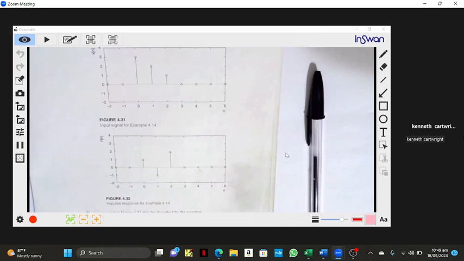So what kind of response is this? The bottom graph, what kind of response is that? And that's what it's saying, impulse response.